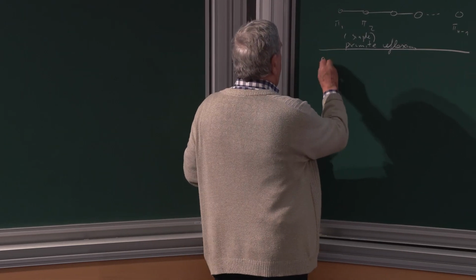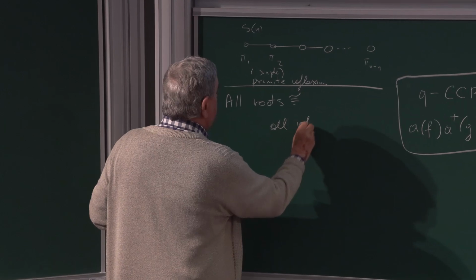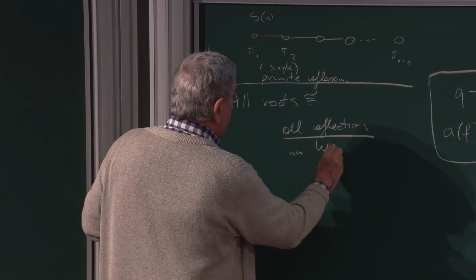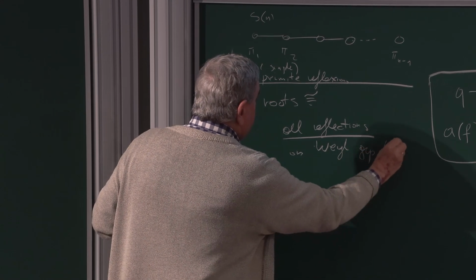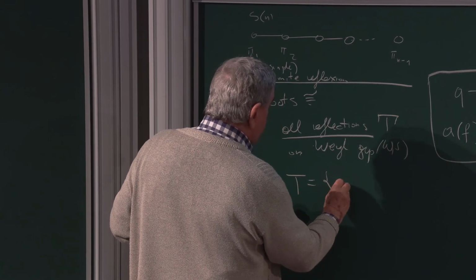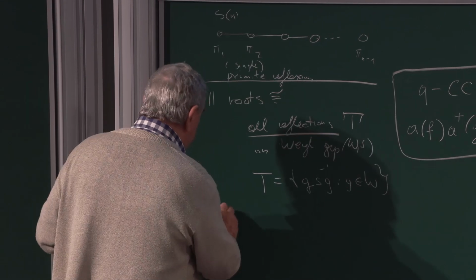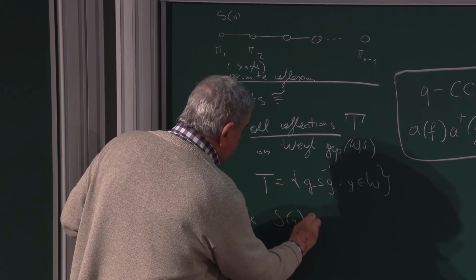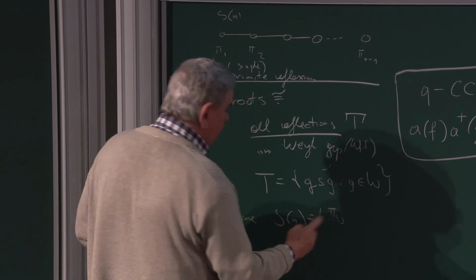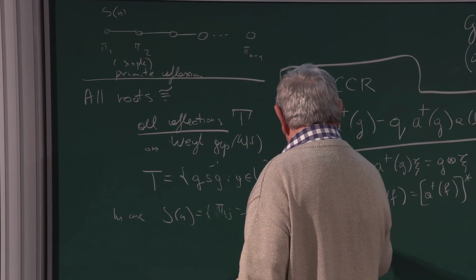But we would like all roots, or equivalently all reflections, on the permutation group or on the Weyl group W. Those reflections we call T, and T is nothing else but the conjugation g s g^(-1) where g belongs to W. So in the case of the permutation group, this is just the set of all transpositions, as a mathematician I call them (i j), where i is less than j, less than or equal to n.